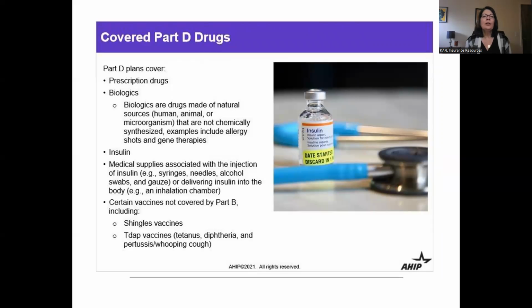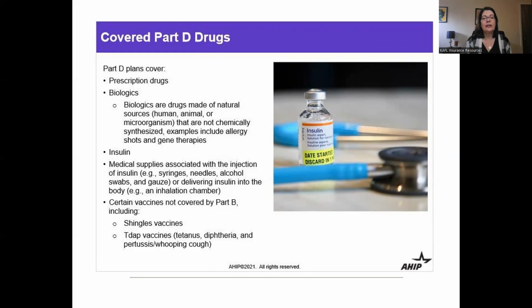So what Part D drugs are included? Prescription drugs, biologics, which are maybe allergy shots, gene therapies, insulin, and there's definitely some plans as of this year that have what's called the Senior Savings Program, which provides certain insulins at a lower cost.